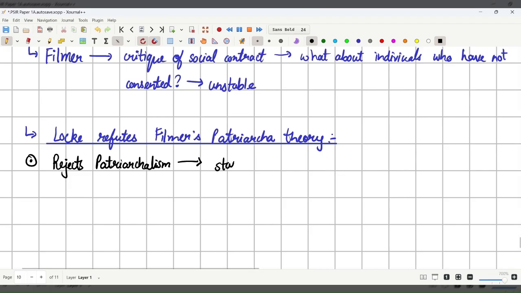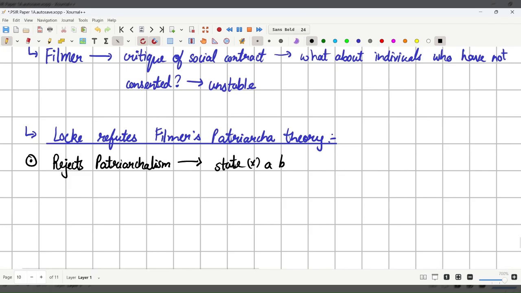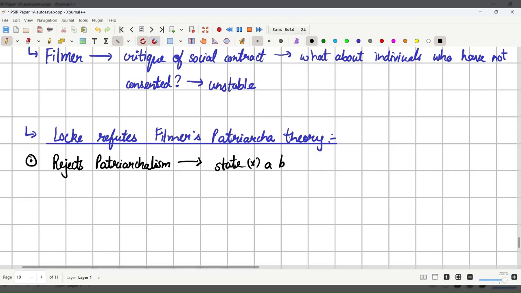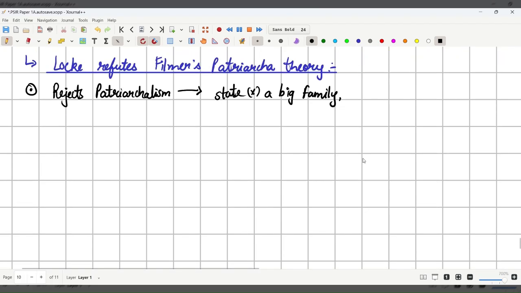The state is not a big family, and political authority is not the same as parental authority.